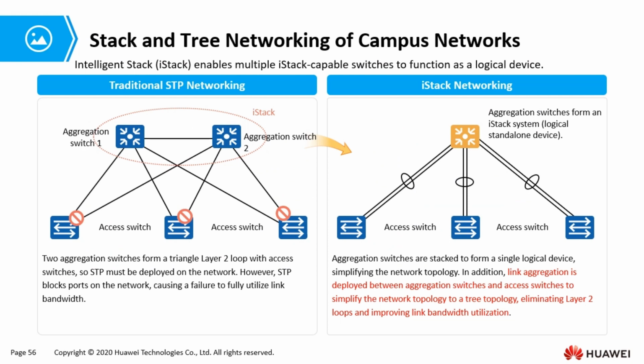Okay, so under Huawei, when you have multiple switches, basically you have to handle different configurations there. So Huawei introduced iStack, or intelligent stack. It enables multiple iStack-capable switches to function as one logical device.